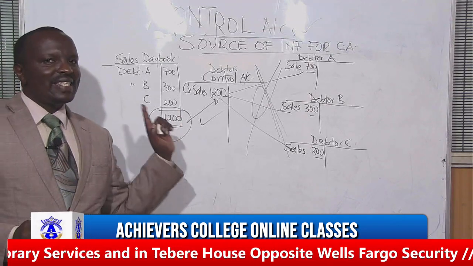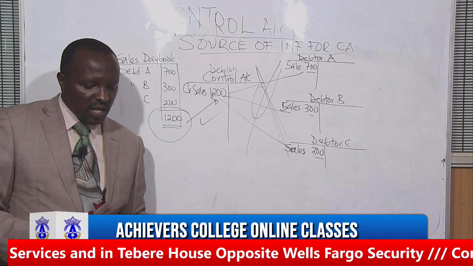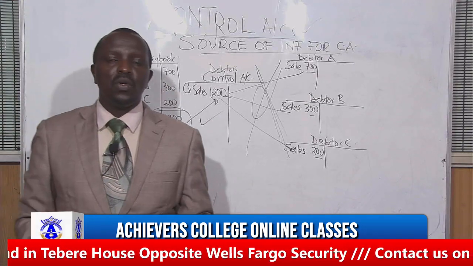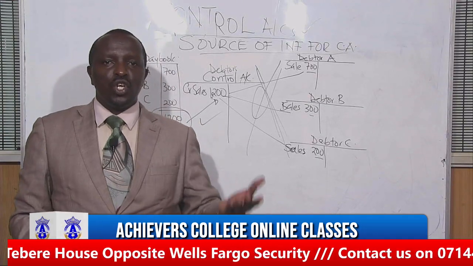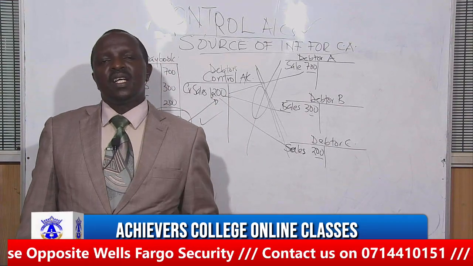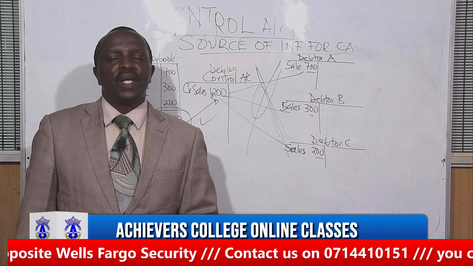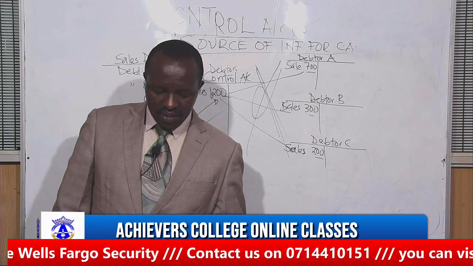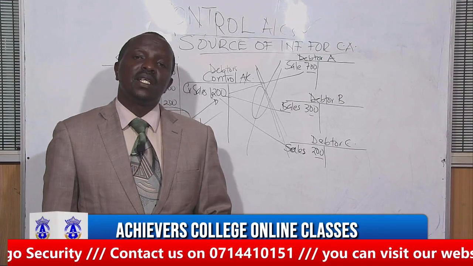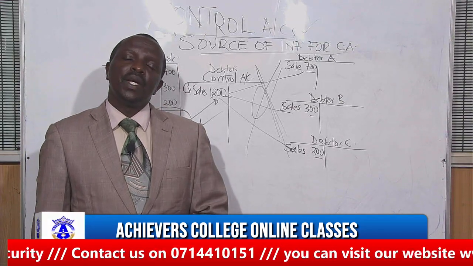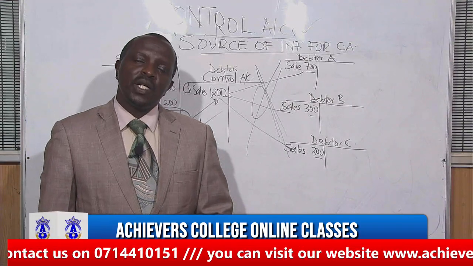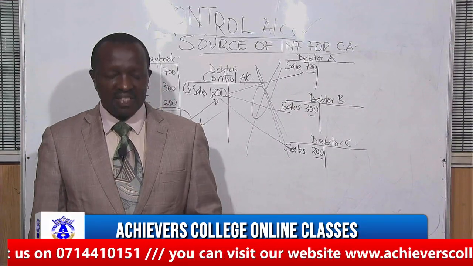We extract information from the day books, and the day book for you to get the debtors' credit sales is the sales day book. For the purchases that have been done on credit, you get it from the purchases day book.